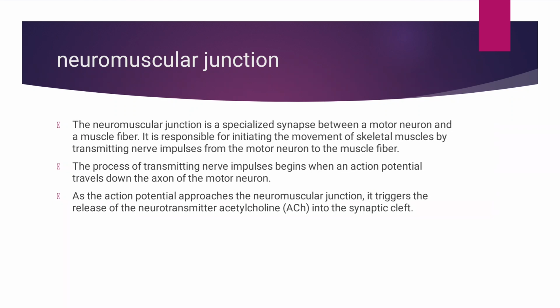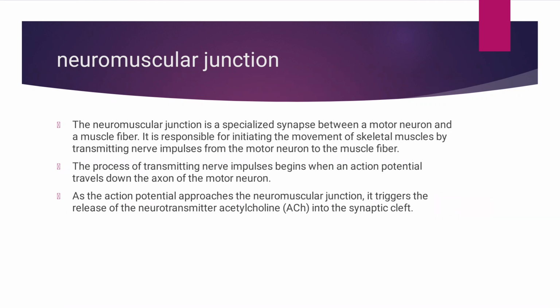The next topic is the neuromuscular junction. The neuromuscular junction is a specialized synapse between the motor neuron and the muscle fiber. It is responsible for initiating the movement of skeletal muscles by transmitting nerve impulses from the motor neuron to the muscle fiber.